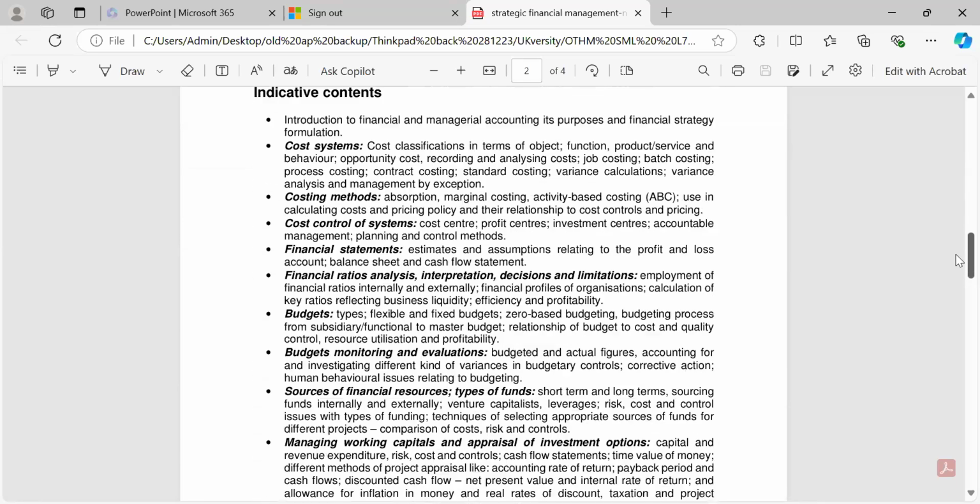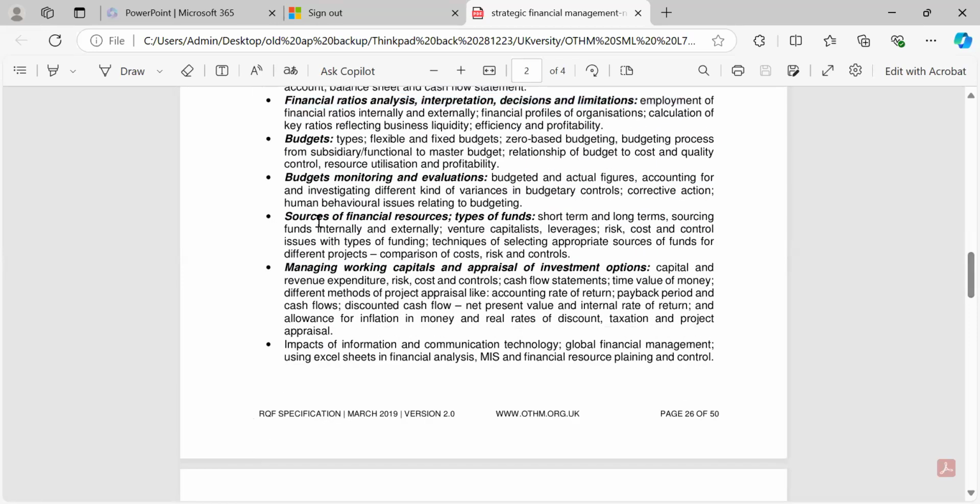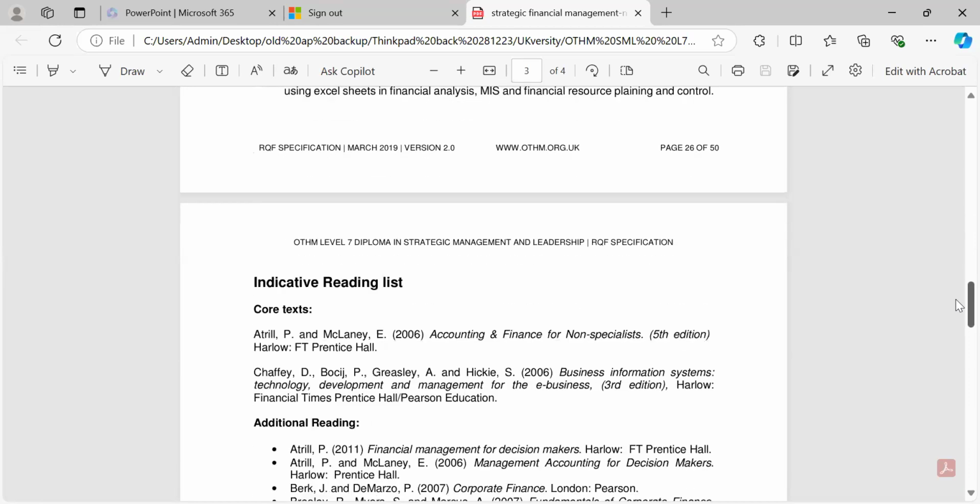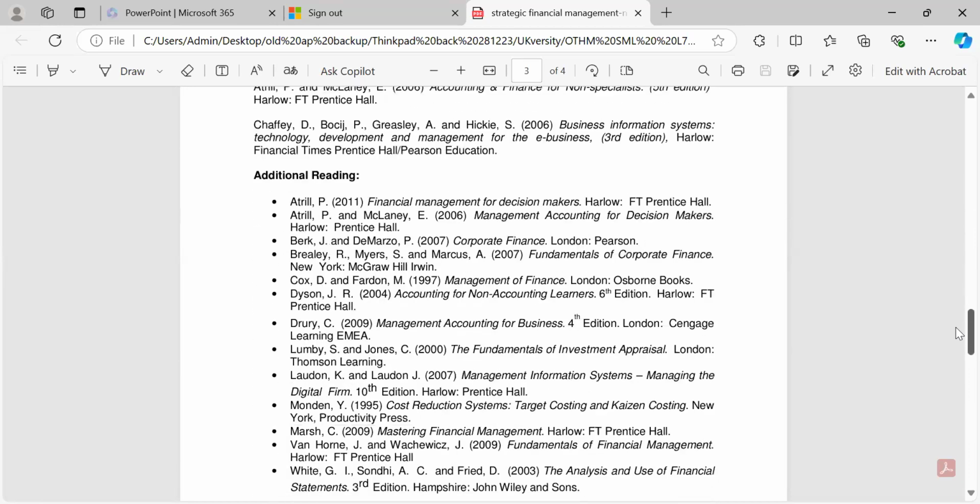For each lesson, we've been given the indicative contents. We'll go through the costing system, then the financial statements, then budgeting, and financial resource management for working capital. And ultimately, these are the recommended books.